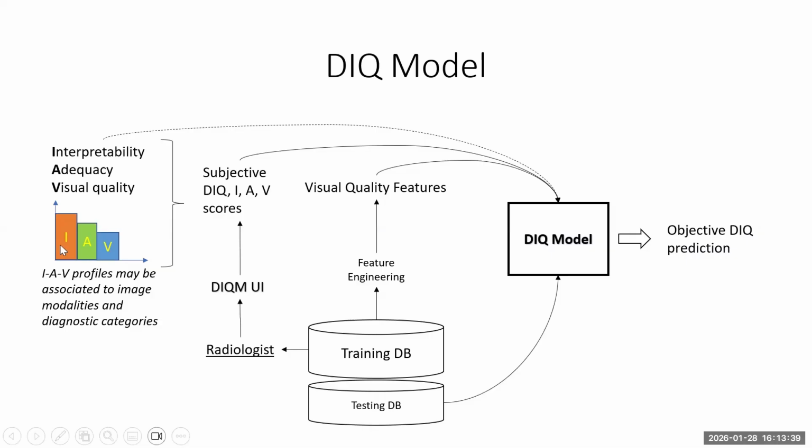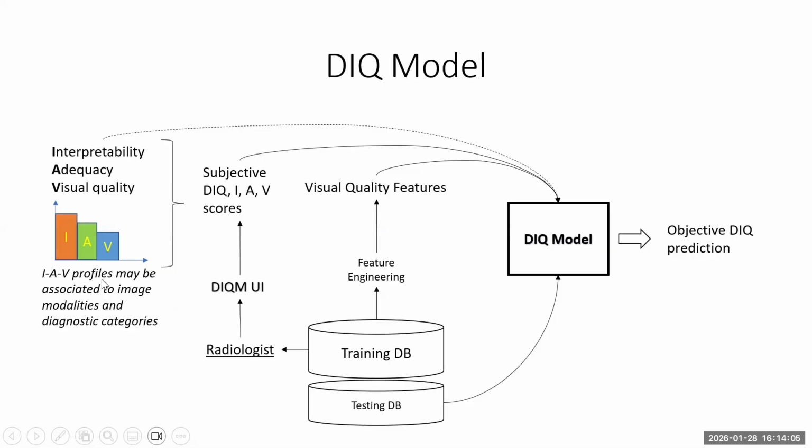So the proportion, this profile of the IAV bars, varies depending on the image modality, depending on the kind of pathology. For example, in breast imaging, dense breasts are very tricky to interpret, especially to find cancer. And so there's quite a bit of variation.